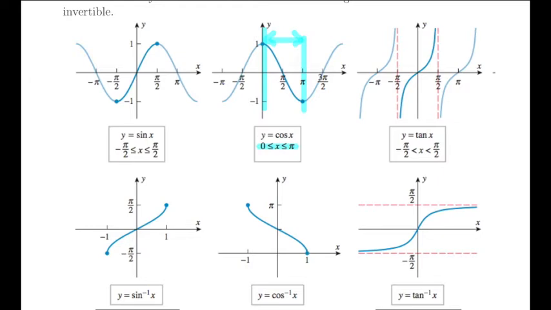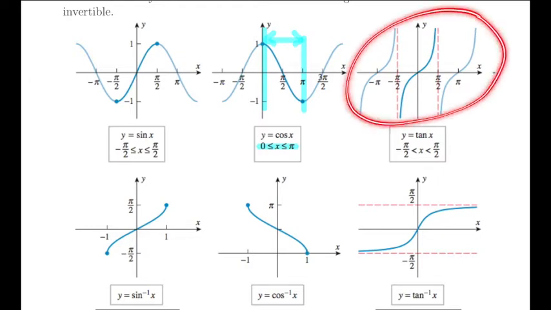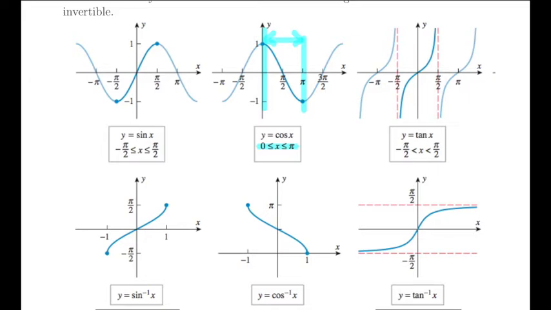And lastly, for y is equal to tan x, which has a graph like this, again, it's not 1-to-1, so we make a restriction. We only take the x values going from -pi/2 to pi/2. And again, when we do that, we do have a 1-to-1 function in there. So there's your restriction.